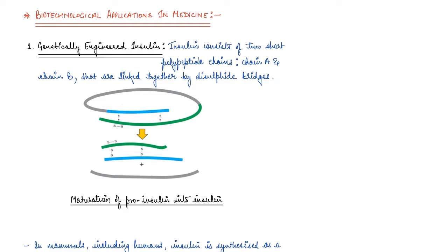It controlled the pests that attack the crops. It made the crops pest resistant crops, right? So in today's video, we are going to discuss the biotechnological application in medicine.